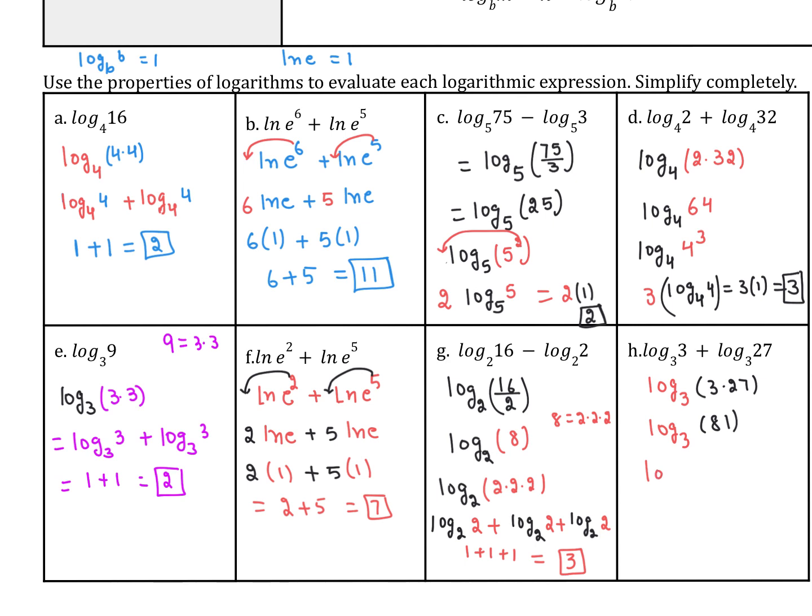So log base 3 of 81 is log base 3 of 3 to the power 4. And you're going to apply the power property, where you bring the power in the front. That is 4 times log base 3 of 3, and we know that log base 3 of 3 is 1, so your answer is 4.